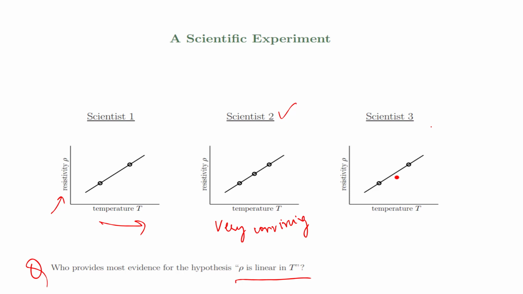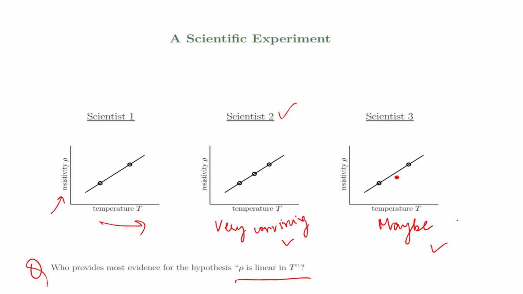So I can say there is some evidence, and if we allow some slack, if we allow some measurement error, then maybe we can take this as proving the theory to a certain extent. So maybe this was the most convincing, and this was a little bit convincing, but not quite.